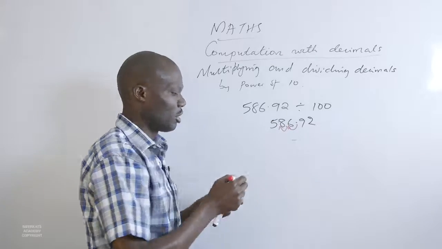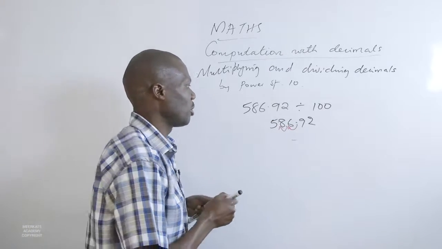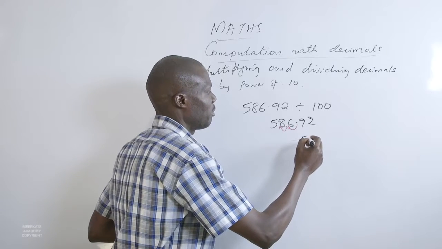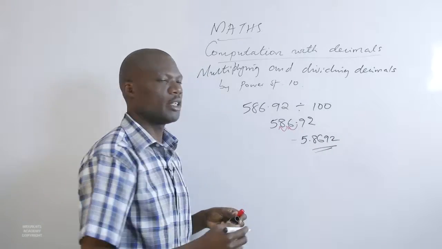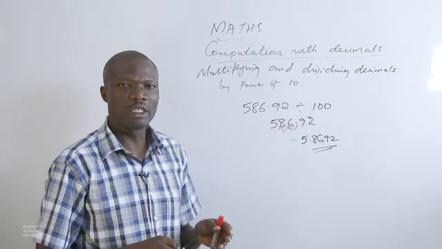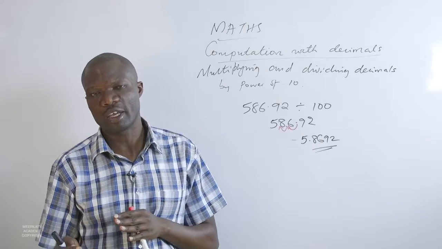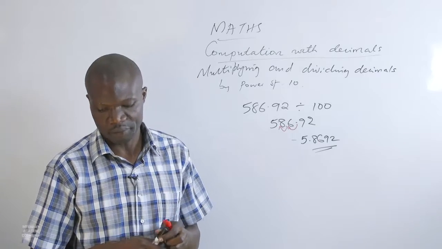So the new location of the decimal point will be there, and then the answer becomes 5.8692. That is it when you are multiplying and dividing numbers with the power of 10.